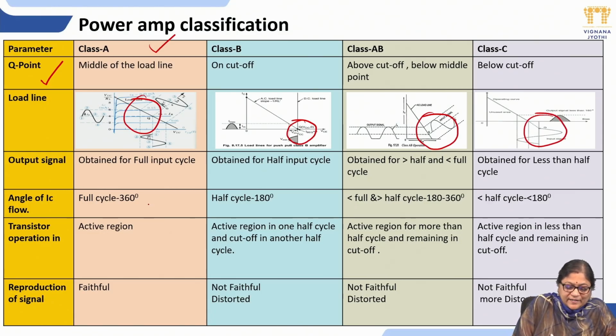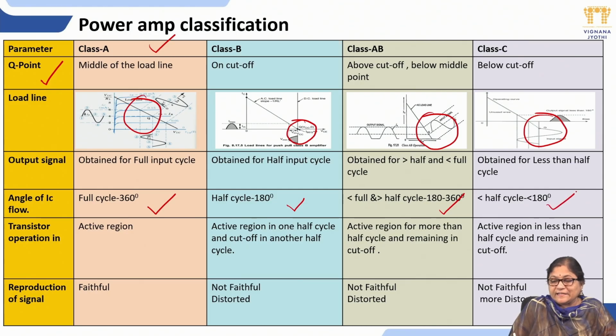And the angle of conduction is 360 degrees for the transistor in class A, for class B it is 180, class AB between 180 and 360, class C is less than 180 degrees. The same thing is indicated region wise: active, cutoff, between cutoff and active, and below cutoff.